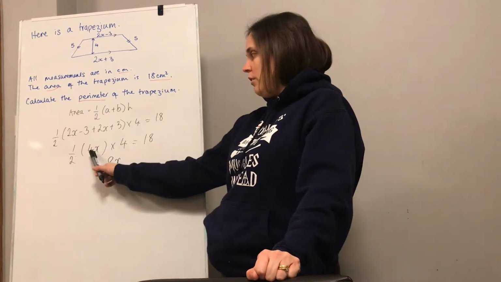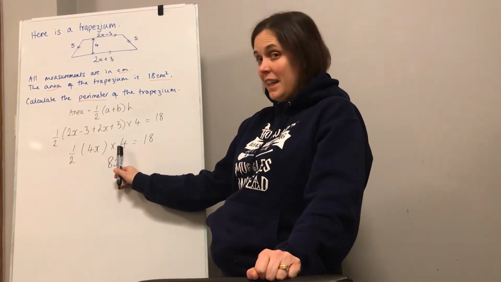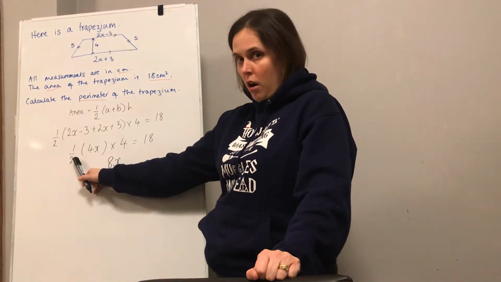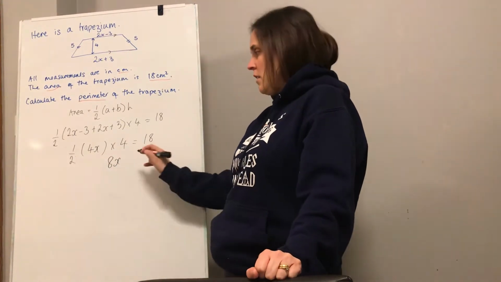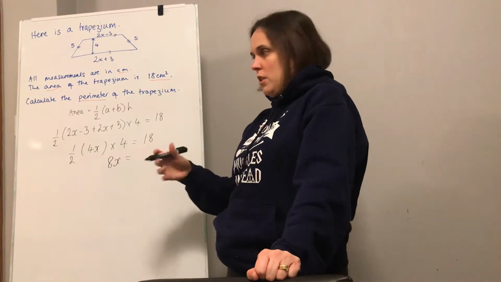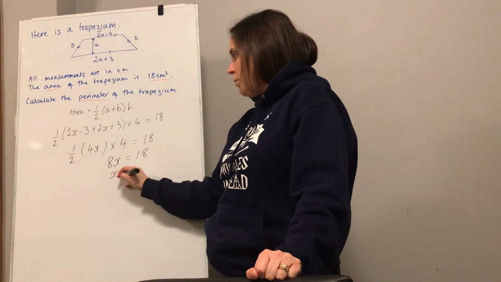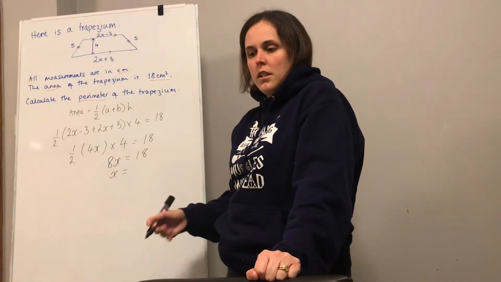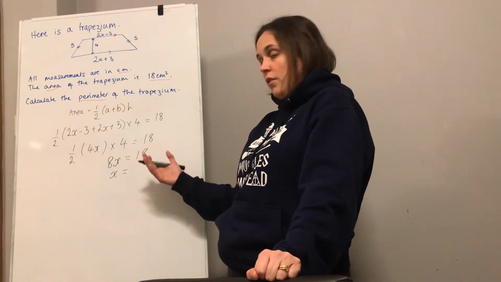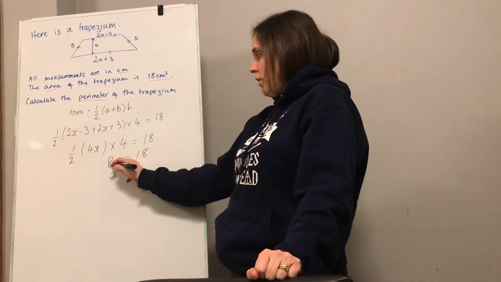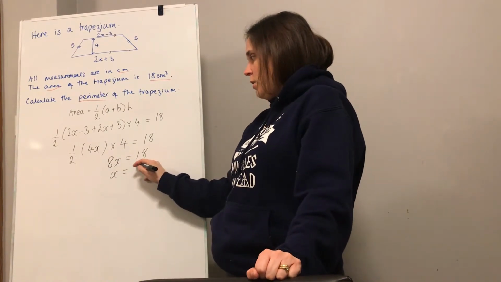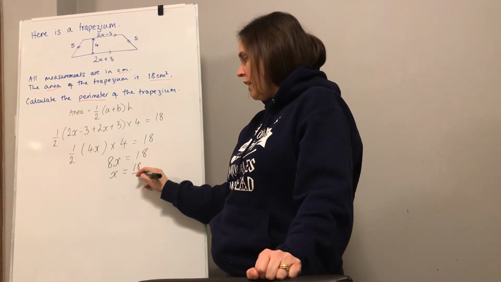Or you could do 4x times 4, which is 16x, and then times that by half, which would still give you 8x. So any which way you want to do it, you're still going to get 8x, and we know that that is equal to 18. So the next thing you have to do then is find out what x is. So 8x is equal to 18. We just divide by 8.